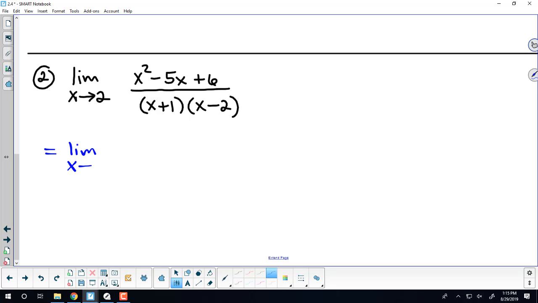So what is the limit as x approaches 2 when we factor the numerator? The numerator factors how? x minus 2 times x minus 3.